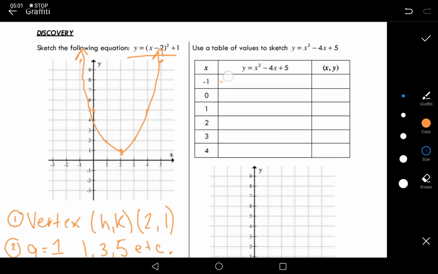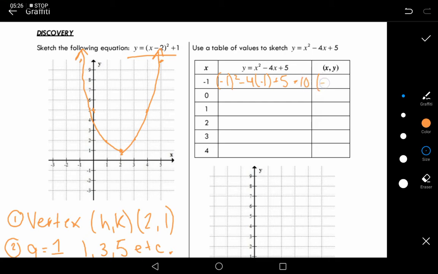That means you're just using substitution, plugging that x in to solve for y. So we have negative 1 squared minus 4 times negative 1 plus 5. Negative 1 squared is 1. So you have 1 plus 4, right? Because 4 times negative 1 is plus 4, plus 5. So 1 plus 4 is 5, 5 plus 5 is 10.